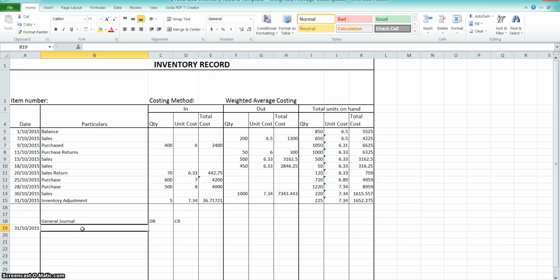In here, this is where we adjust our inventory. So inventory, the asset account, which is called inventory control, is increasing by this 5. So we're increasing inventory, the asset, inventory control, by 5 units, which according to our graph here, should be this $36.